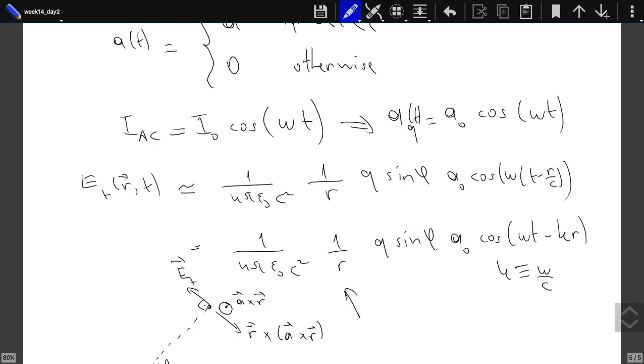So I define this k to be omega over c. This is my definition. In this expression, there is no k. But in that expression, there is omega over c, which I define as k. And we already know from yesterday that the coefficient of distance and the coefficient of the time, if you take their ratio, it has to be equal to the speed.